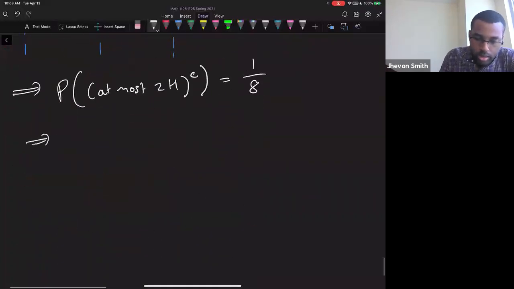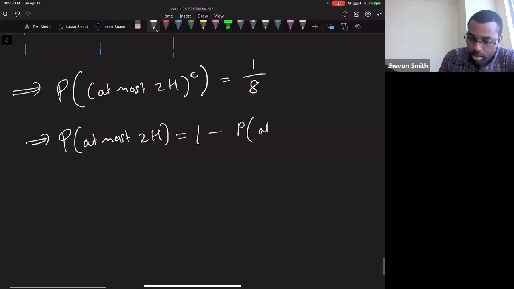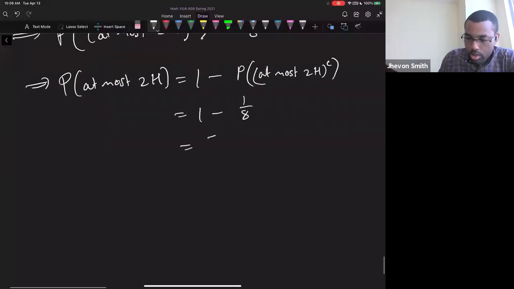And this means the probability of at most 2 heads equals 1 minus the probability of at most 2 heads complement. 1 minus 1 over 8 equals 7 over 8.